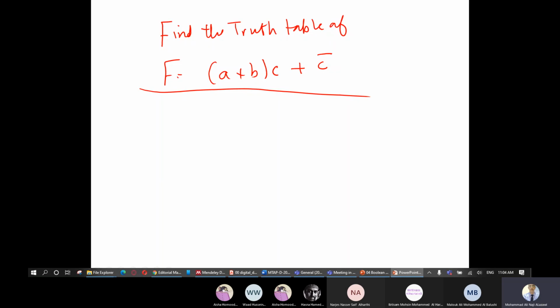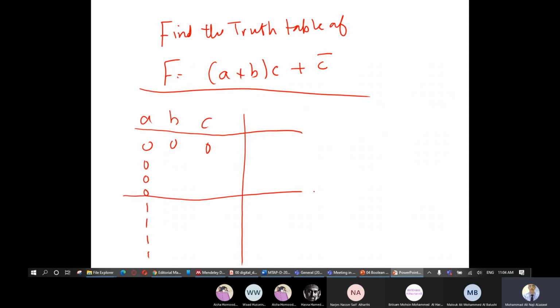I will try to answer it very fast. Here I have again 3 variables which are A, B, C, 0, 0, 0. And this, again, I told you to put 4 zeros and 4 ones and separate by this one.